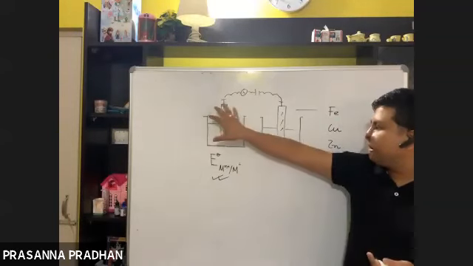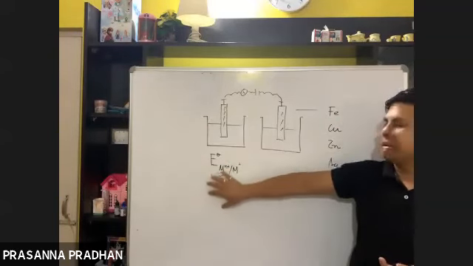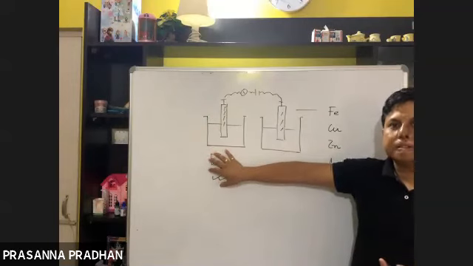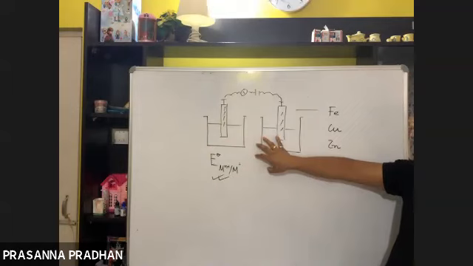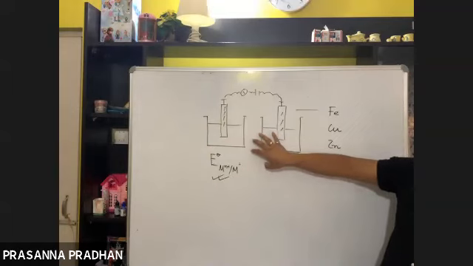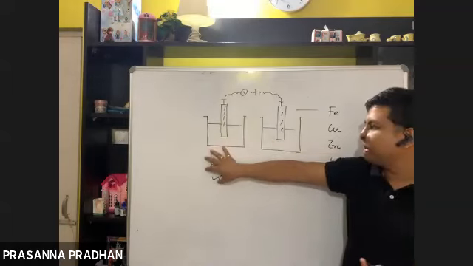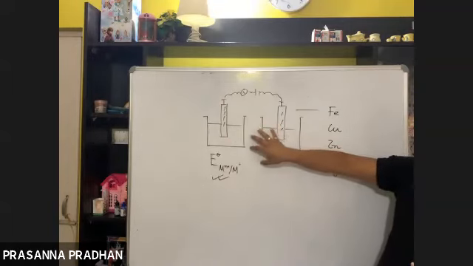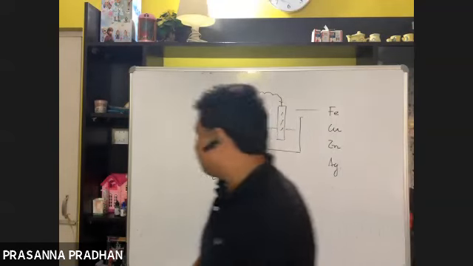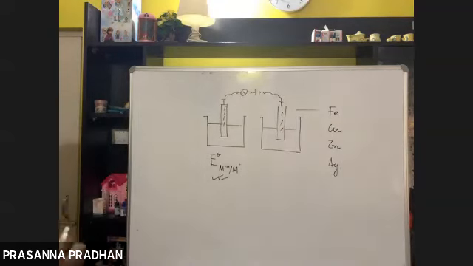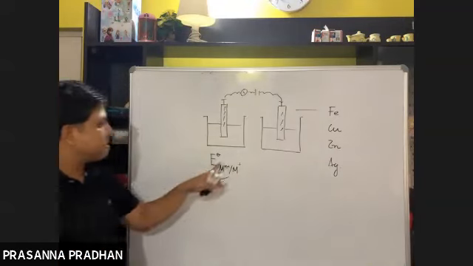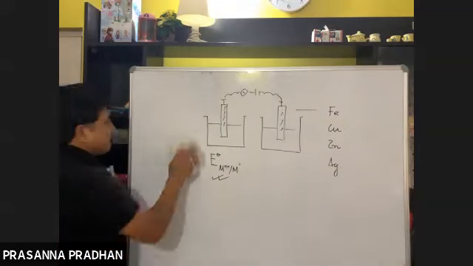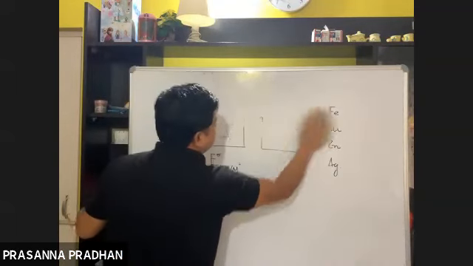In order to get the standard reduction potential values, a half cell is coupled or connected with a common reference electrode. All the half cells are connected with a common reference electrode, and the reference electrode which is usually used to measure the electrode potential is known as a standard hydrogen electrode.